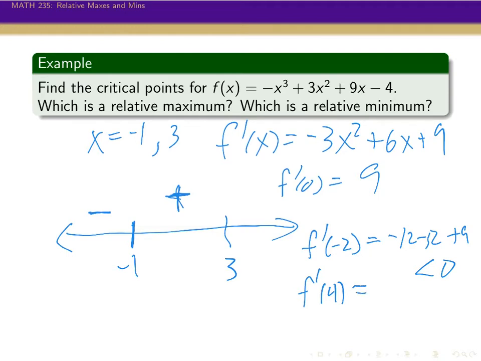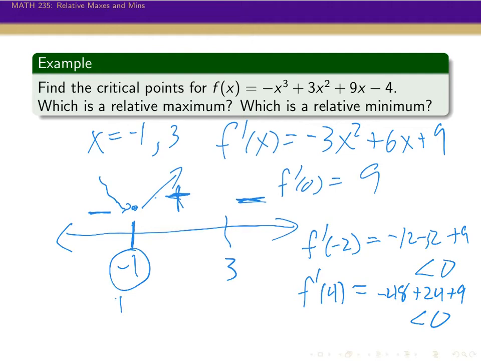So if I plug in 4, I'm going to have -3 times 16 is -48, plus 24 plus 9. So that's -48 plus 33. That is also negative. So my function is going down as I come into -1, and then up coming out of it. So it's going from negative to positive. So that means at -1, we have a relative minimum.